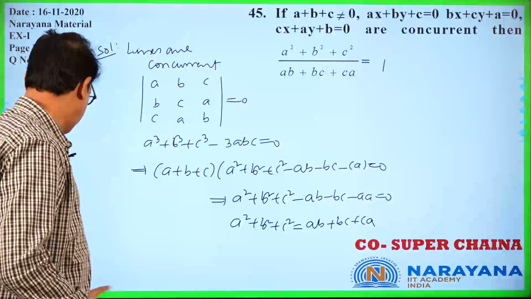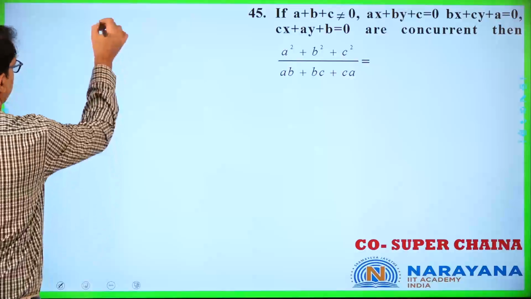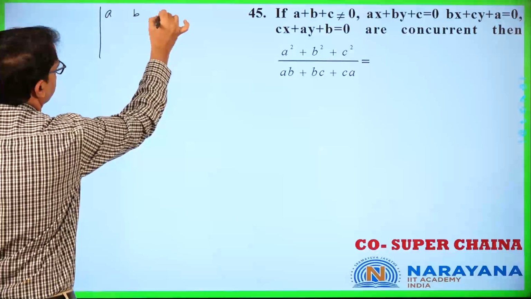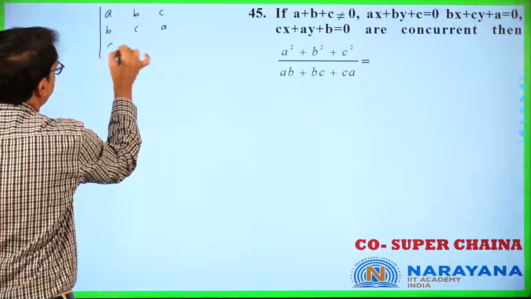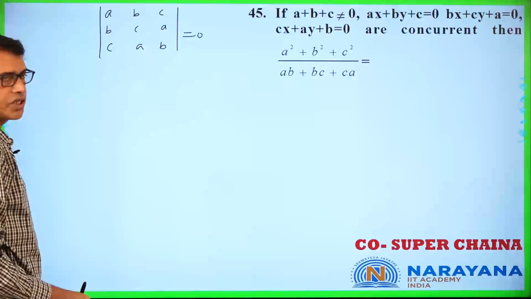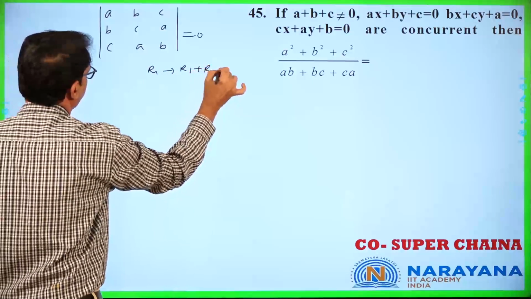If you want to derive, see, determinant of (a, b, c), (b, c, a), then (c, a, b) equal to 0. I am applying the condition. So R1 changes to R1 plus R2 plus R3.